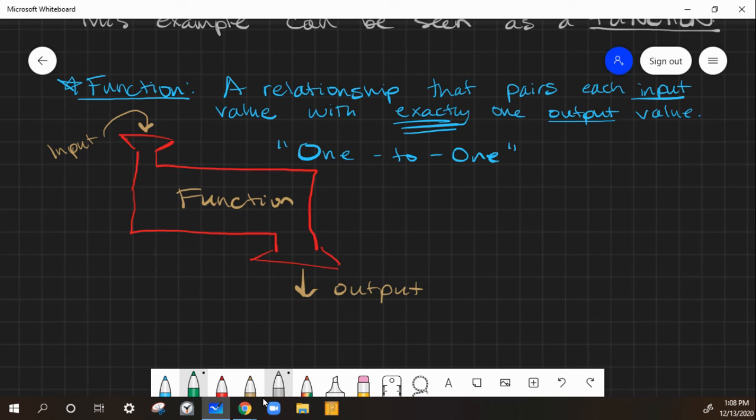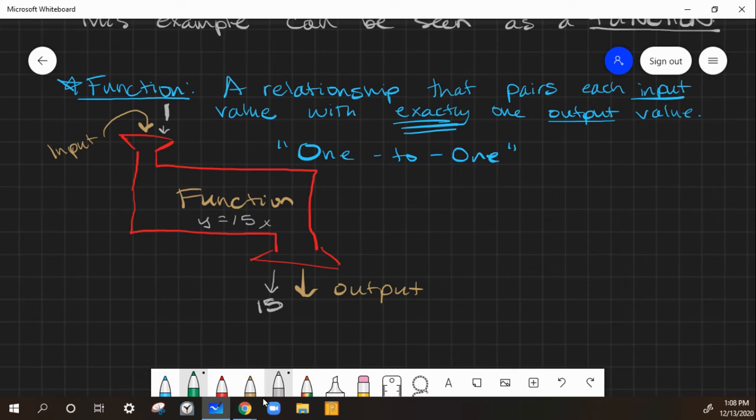So for example, let's say my function is y equals 15x. That is my function. When I put the number 1 into my function, then the number 15 comes out. If I were to put the number 1 in again, would any other number but 15 come out of my function machine?